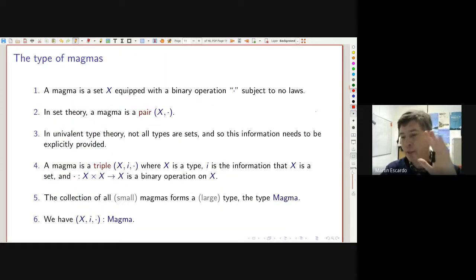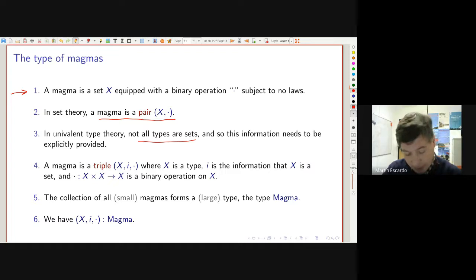Okay, so let's start with one concrete example. We say that a magma is a set equipped with a binary operation. We write it like multiplication, and there are no axioms, no laws. So in set theory, a magma is simply a pair: a set and the operation. But in univalent type theory, as we discussed, not all types are sets, so we need to give this information.